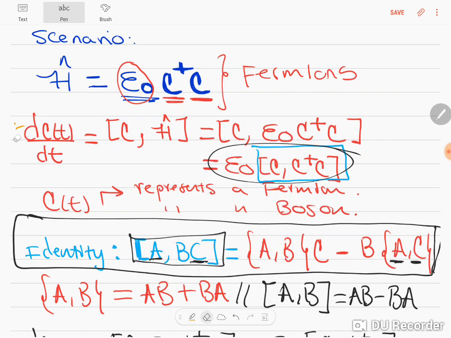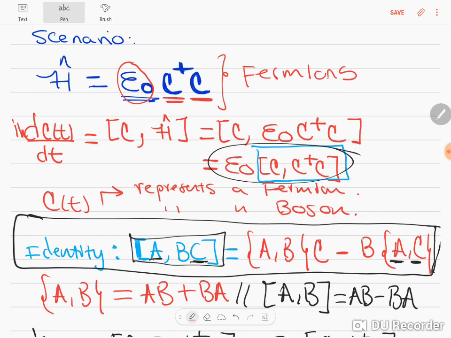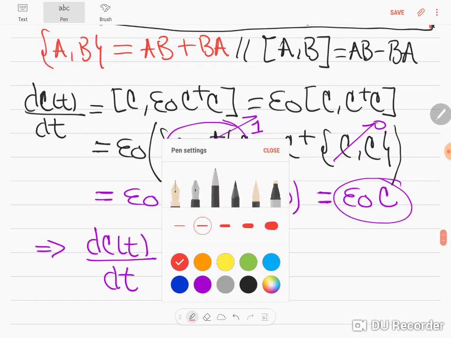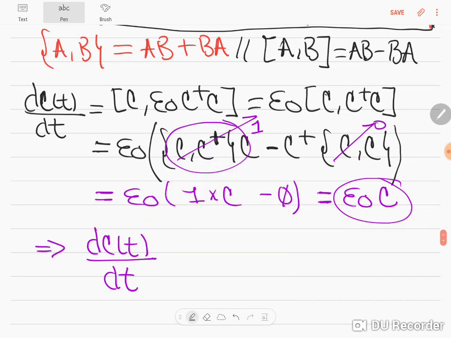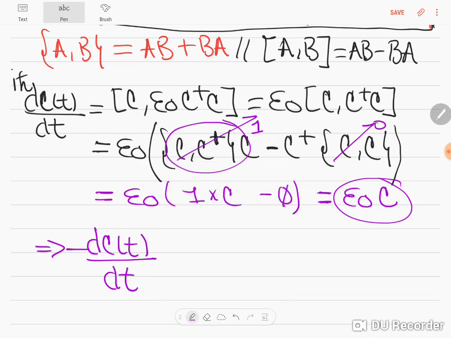Let me erase this. In red it should be i h bar. Okay, here again, now in black, I forgot the i h bar. Oh my goodness, so sorry. i h bar here, and now in purple, of course there is an i h bar, how could I forget that? And this is equal to E0 c.